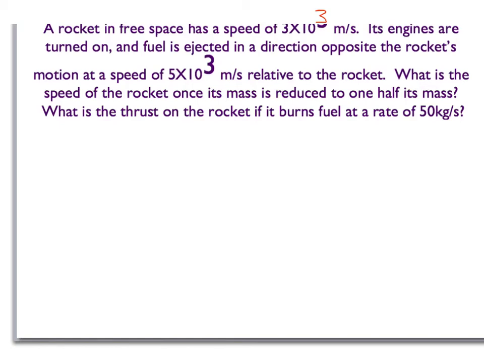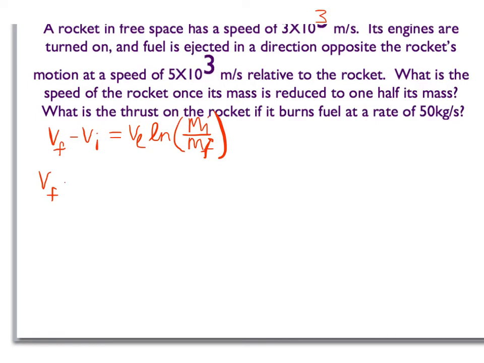So if you remember on the last slide, I gave you this equation for the final velocity of the rocket. It was Vf minus Vi equal to Ve times the natural log of the initial mass over the final mass. So we're going to plug in some of these values. We're looking for the final velocity of the rocket, so that's what we are solving for.